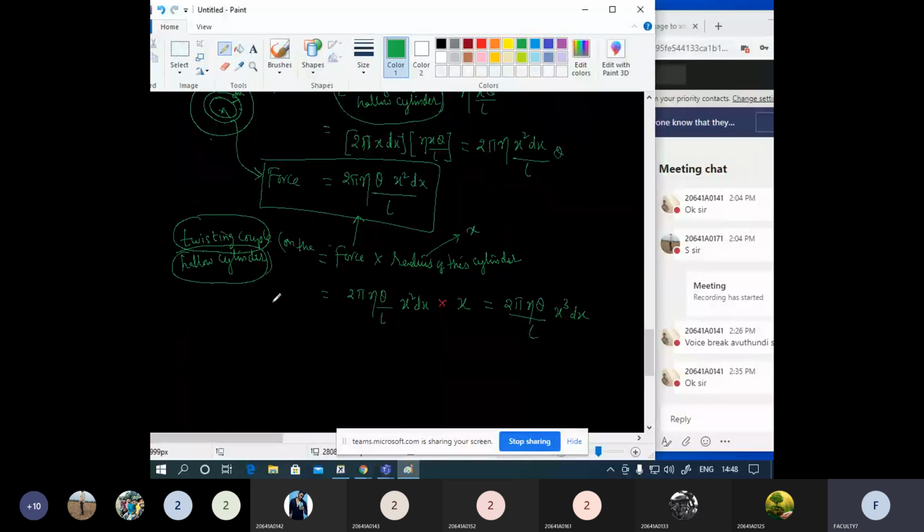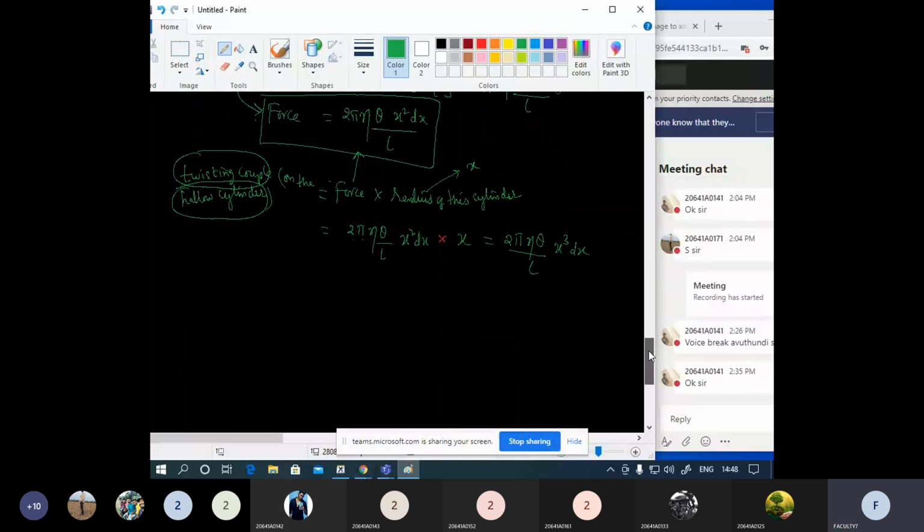But we need to get the entire twisting couple of the total cylinder. So now we will get the total twisting couple on the entire cylinder.